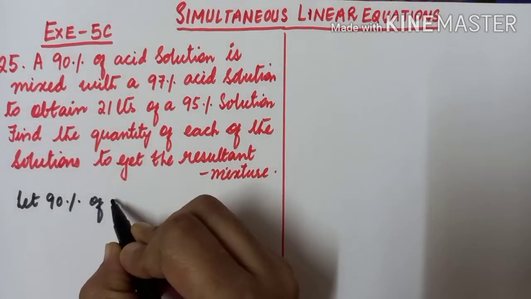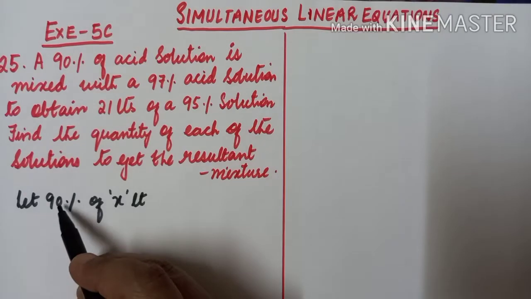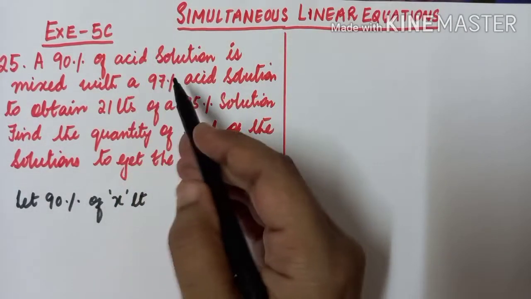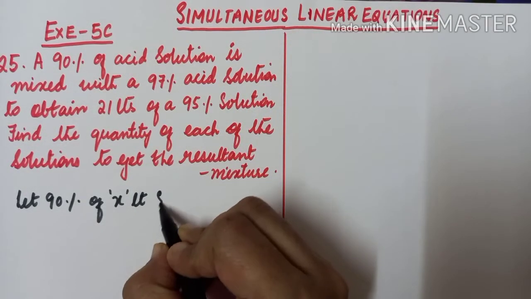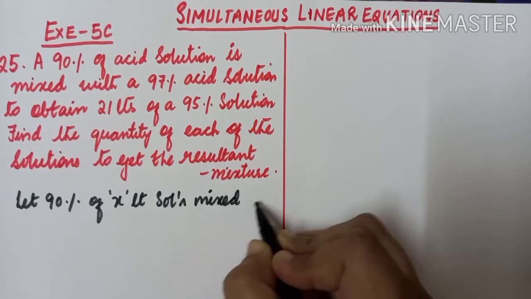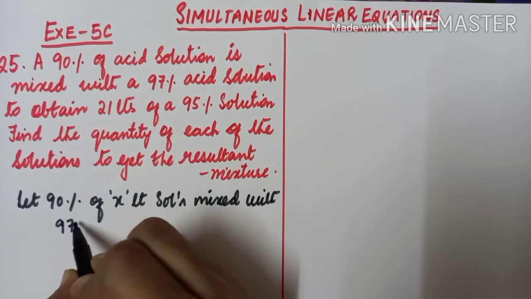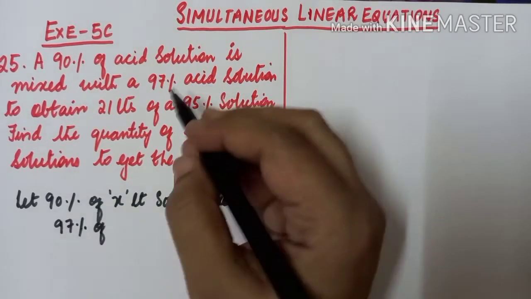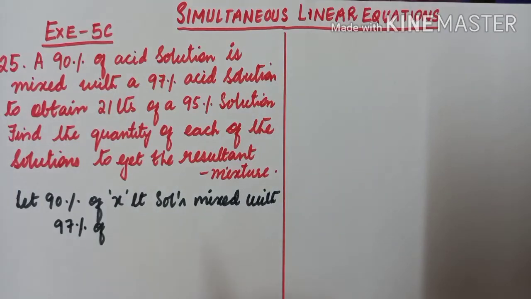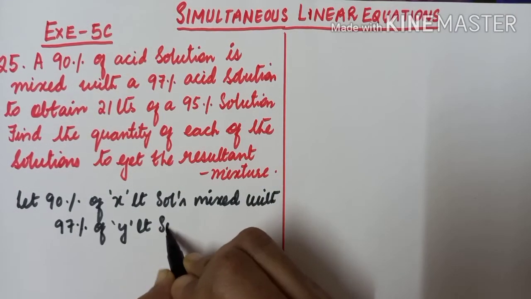This 90% of x liter solution is mixed with 97% acid solution, again of unknown quantity, so let us take that quantity as y liters.